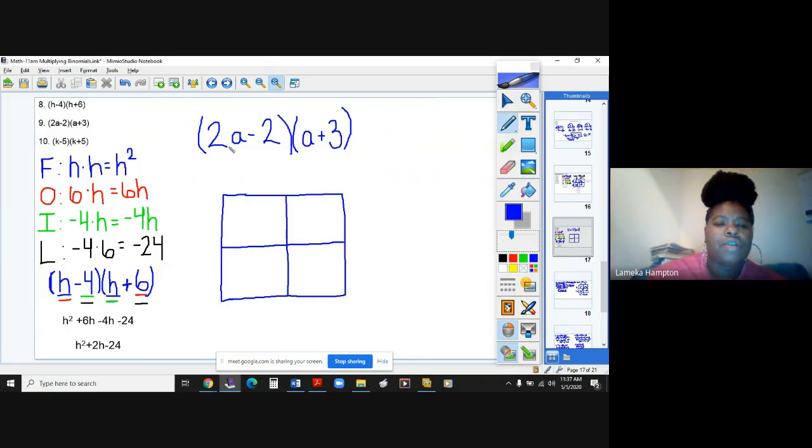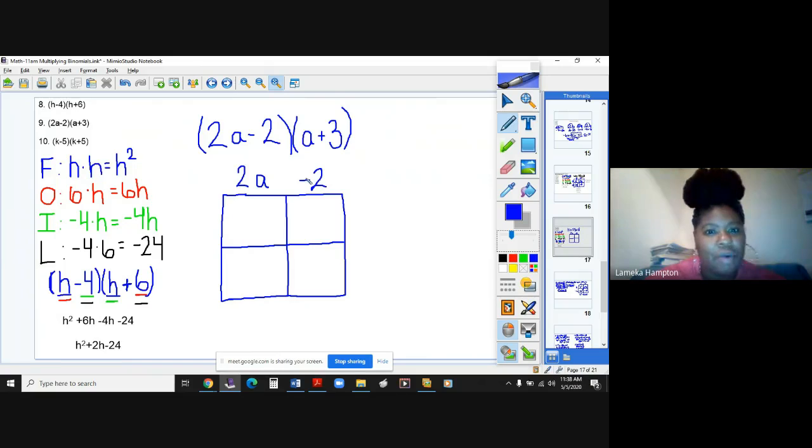All right. So now what I'm going to do is I am now going to put 2a at the top here, and I'm going to put minus 2 here. The reason why I am putting that here is because that's my binomial. So because it's my binomial, they both have to be in the same place. I can't put my 2a here and my negative 2 here.